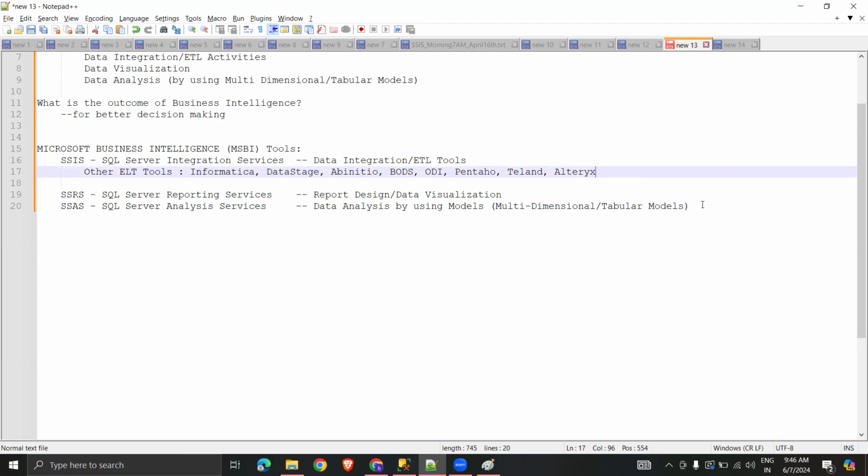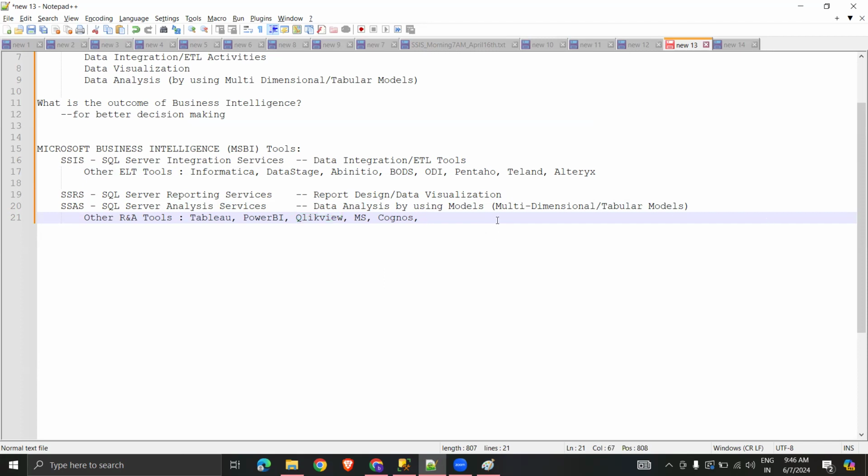And then reporting cum analytical tools. Other reporting cum analytical tools available in the market are Tableau, Power BI, QlikView, MicroStrategy, Cognos. Yeah, QlikSense and QlikView fall under this one, sir.